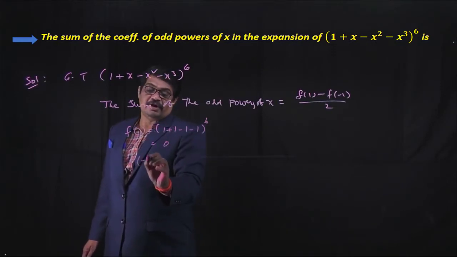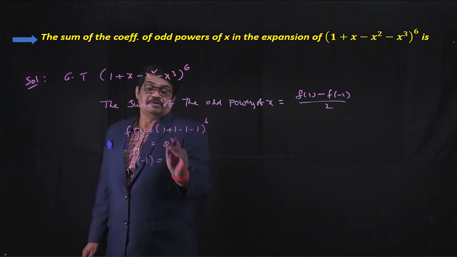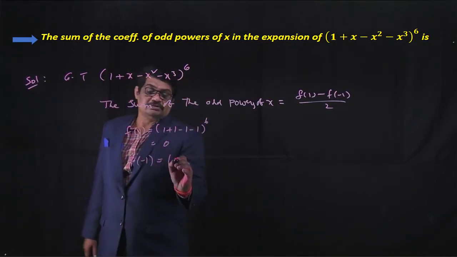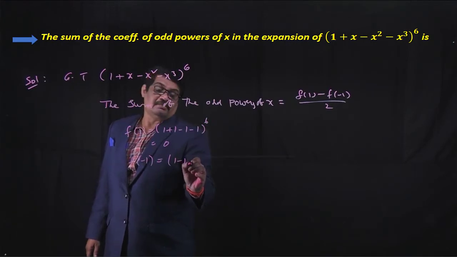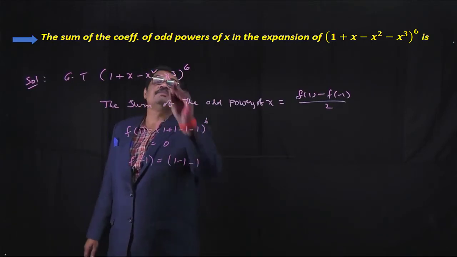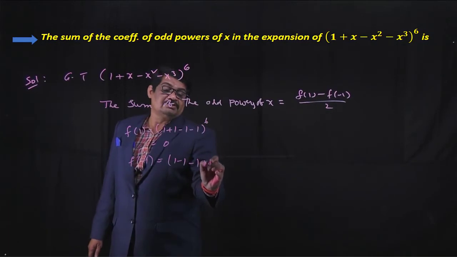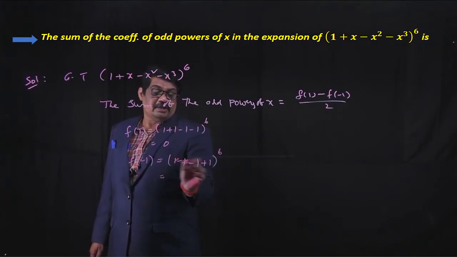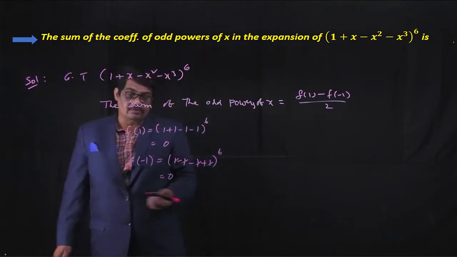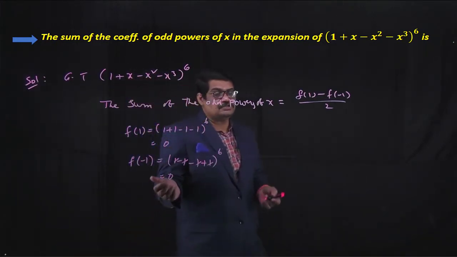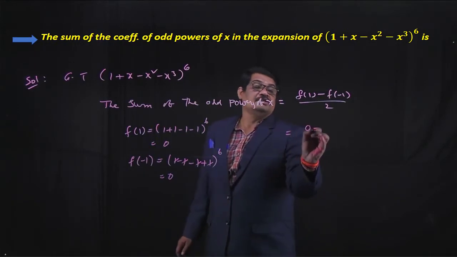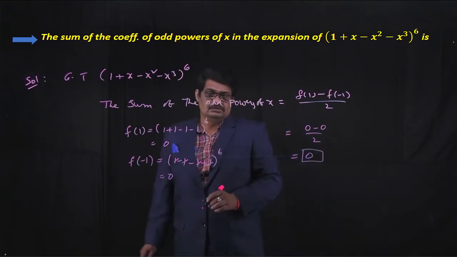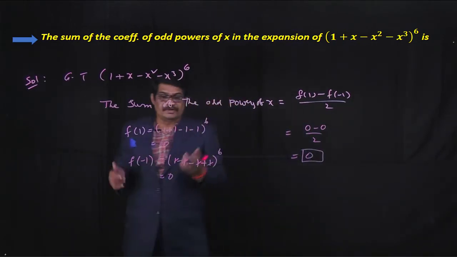Here f of minus 1, we substitute x as minus 1: 1 minus 1, minus 1 whole square is plus 1, minus 1 whole cube is minus of minus, plus 1, whole power 6. Here also this will cancel, 0. So f of 1 is 0 and f of minus 1 is 0. Now substituting in the formula, we get 0. So the sum of the coefficients of odd powers of x is 0.